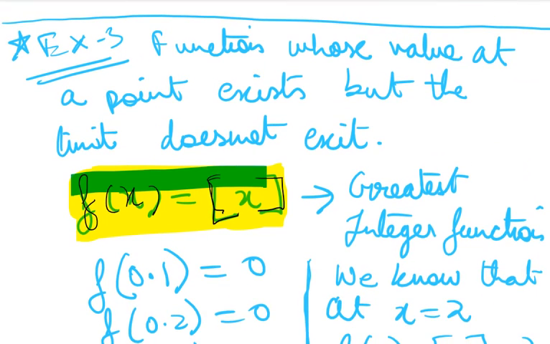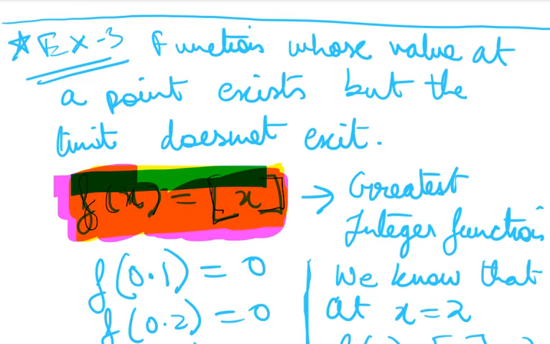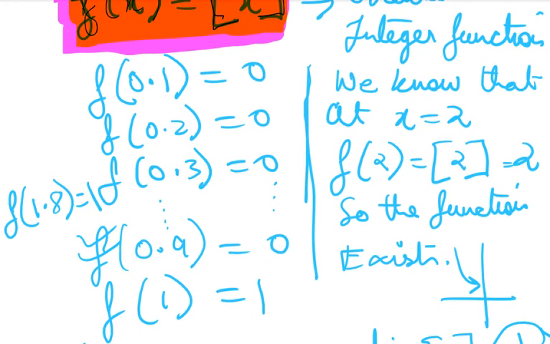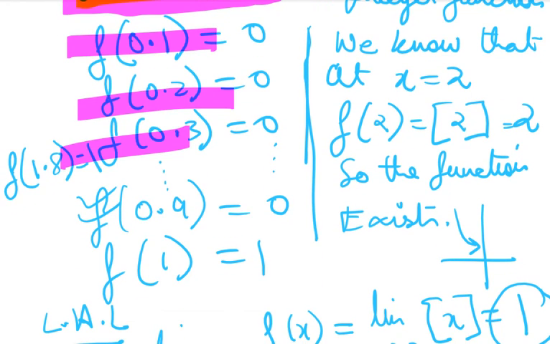Now in example 3, what have we shown? We have shown that the function exists, but the limit of this function does not exist. So the function is existing, you can see from so many points I've shown you, from here, here, here, or here.